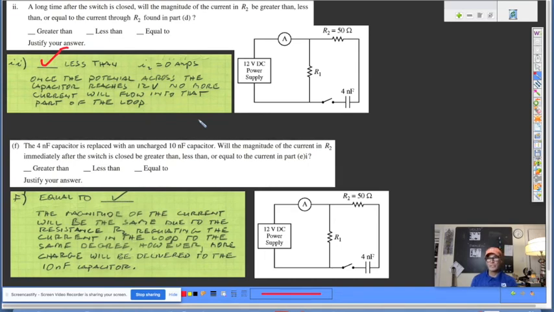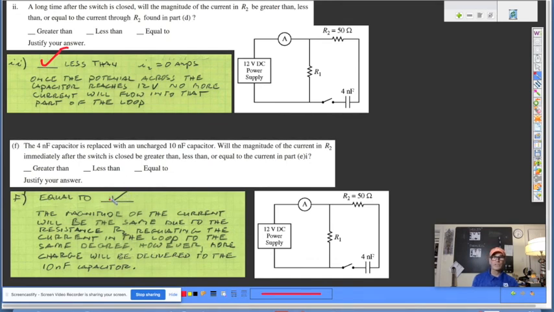The current will still be the same because R2 is regulating the current, but it doesn't necessarily regulate the amount of charge that's flowing to that capacitor, and that's the point. Because you have a greater capacitor doesn't necessarily mean you have greater current being delivered to that circuit. What is greater is the charge accumulating on that capacitor.